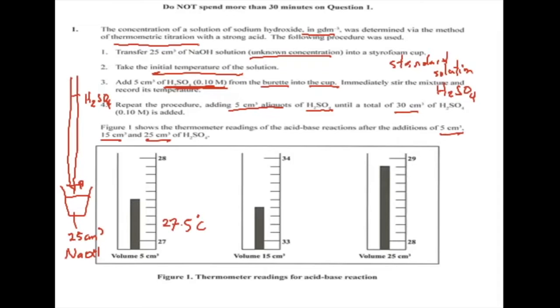After 15 cm cube, this would be 33.4. And when 30 cm cube would have been added, then the temperature reading here is 28.9 degrees Celsius. So we're going to take these values and go forward with them.